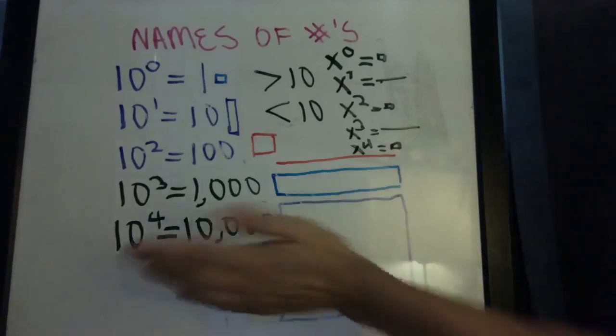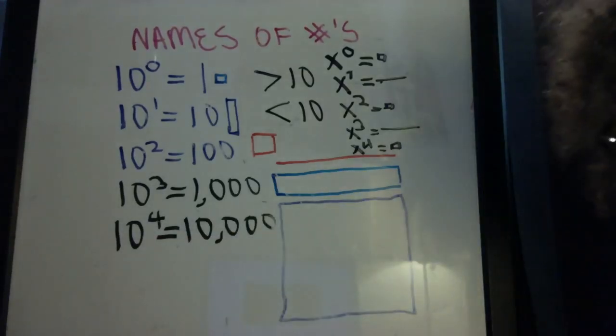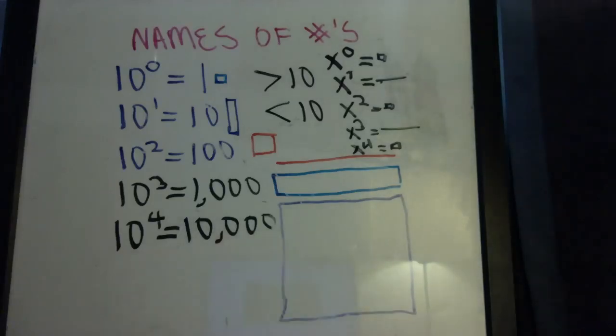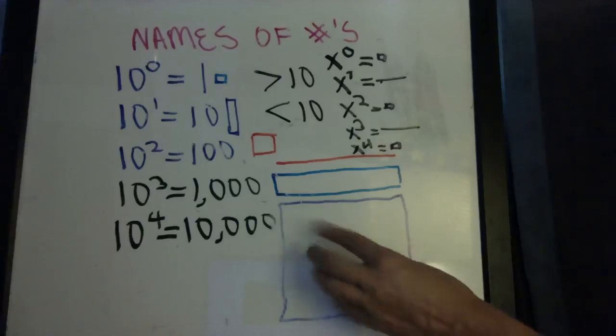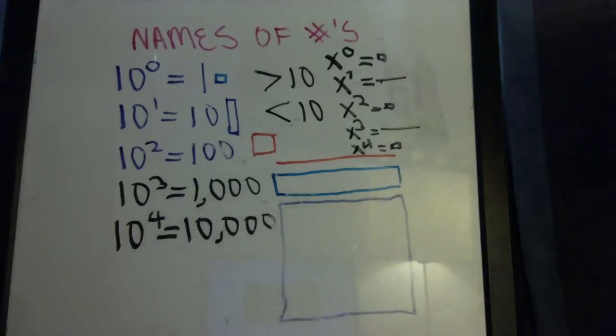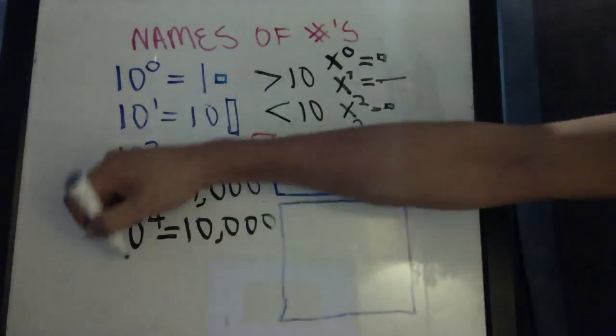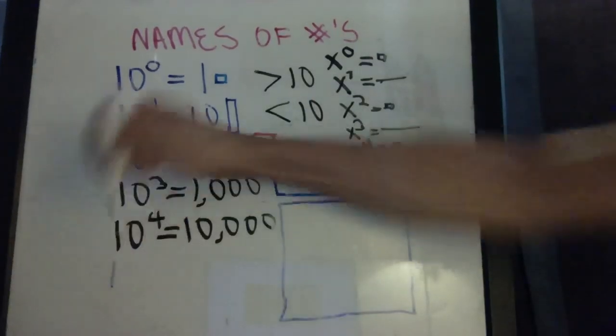Okay. And I've seen teachers take it to the extreme, and it's awesome, where they get on the gymnasium floor and they get a bunch of 10,000 squares. How many 10,000 squares do you need to make 10 to the fifth? You need a gymnasium. You need like a basketball court. And it's fun.